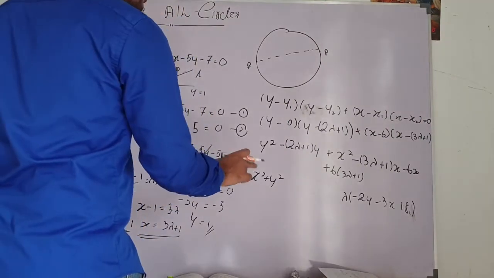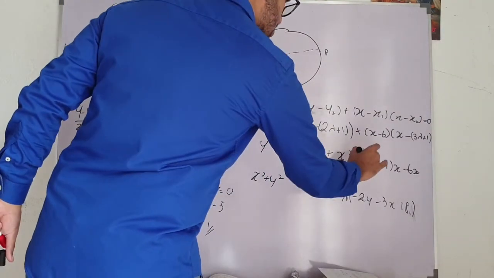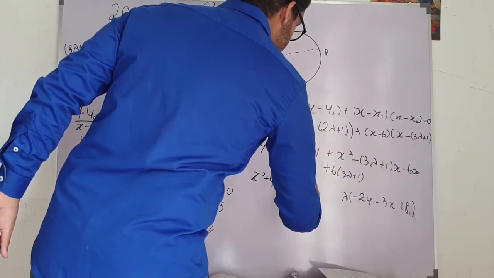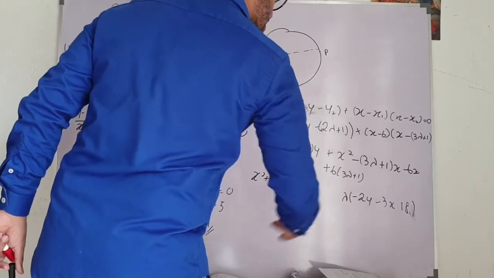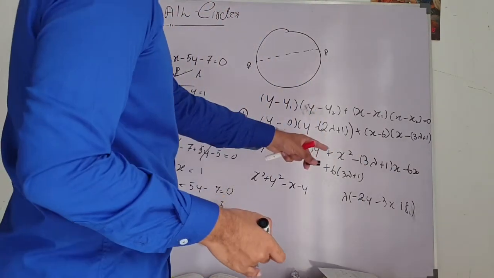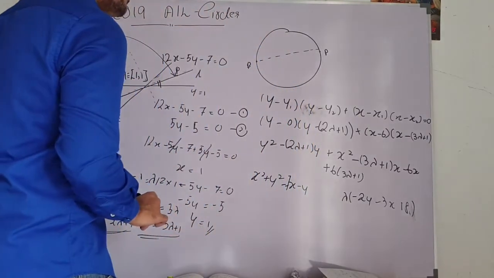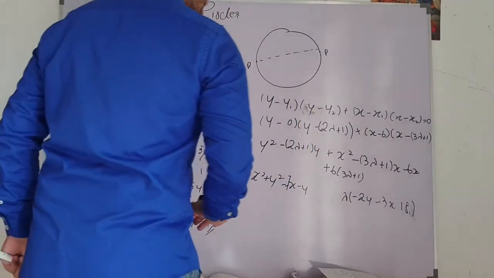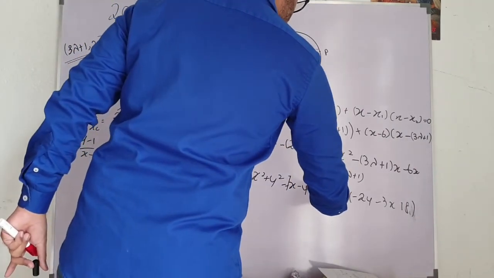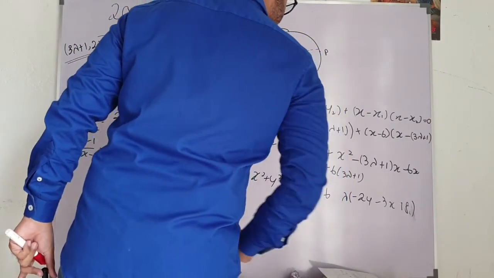So therefore x squared plus y squared, you will get minus x minus y. Here you have 6x, so therefore this will be 7, and minus y will be plus 6.